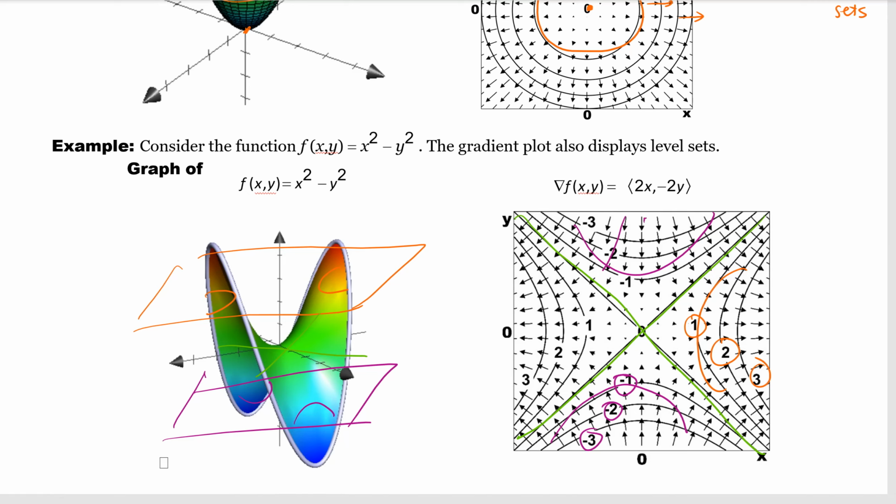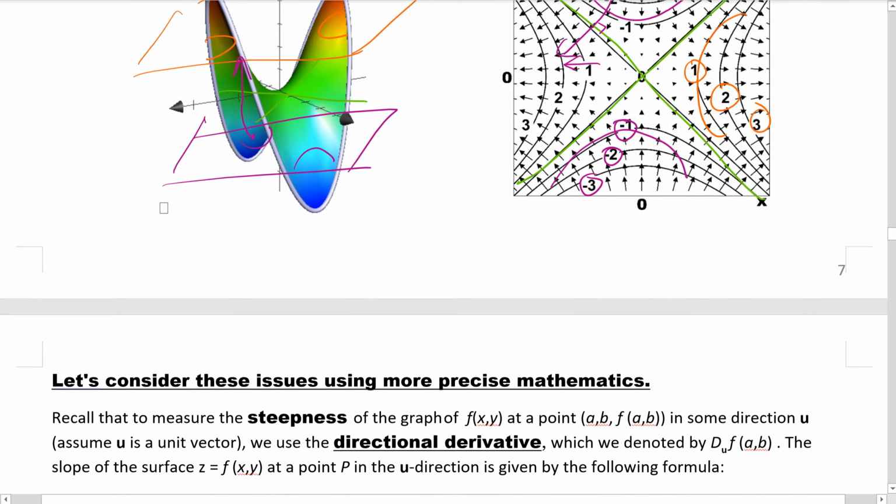The arrows go from here to there, because this is how f increases, from smaller values to larger values. And can you see the arrows of the gradient vectors are perpendicular to the level set? Yes, perpendicular to the level set. Let's continue.